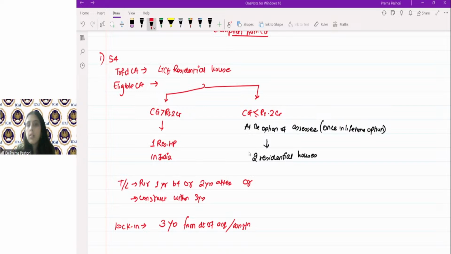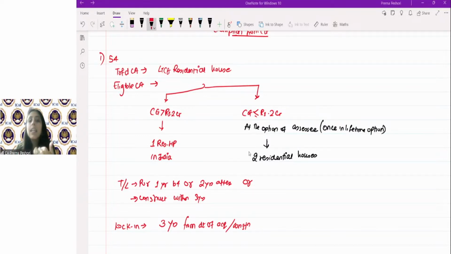So how will you calculate? Let's say I have a long-term capital gain which was exempt earlier, because I invested in a new house. Let's say the long-term capital gain I exempted is 2 CR, and the new house I purchased is of 3 CR.